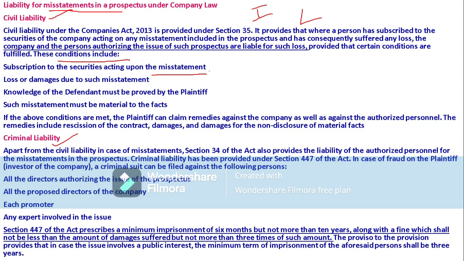Then only the company and persons will be legally liable. Another condition is loss or damages: if the investor got loss and damages by purchasing these securities, then the company and persons are liable.